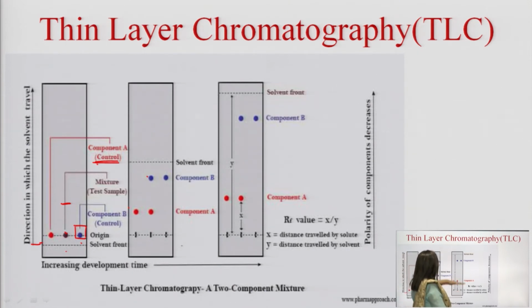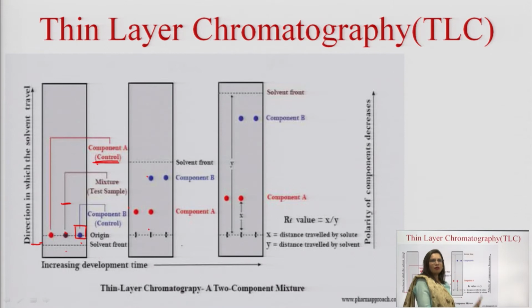So, the distance to which the solvent front has moved is marked after taking the plate out, and then this Y is the complete distance travelled by the solvent system, while the separating mark, this is the X, is the distance travelled by the solute. So, the Rf value, that is the retention factor, is calculated as X divided by Y.